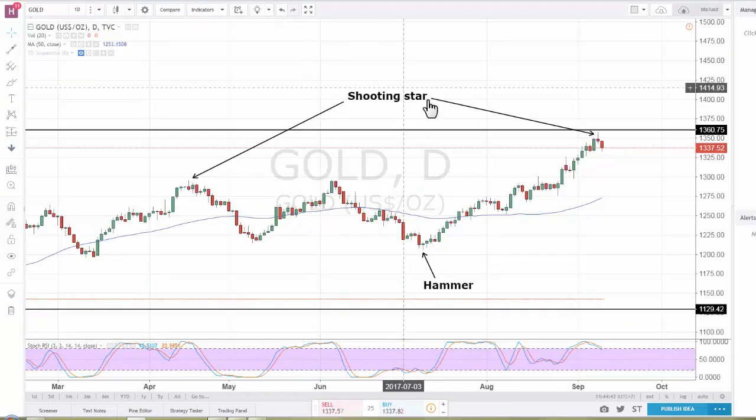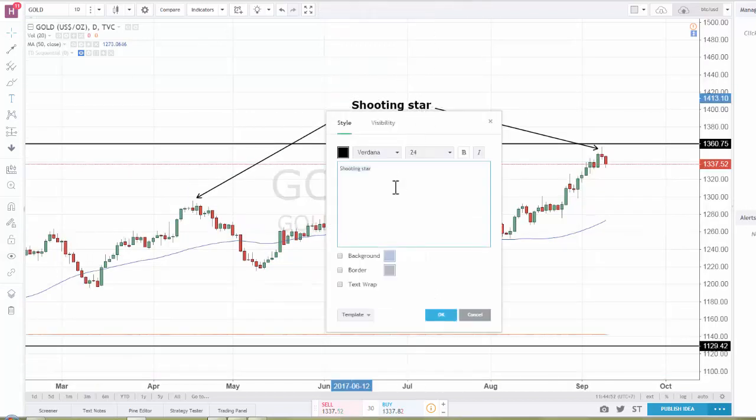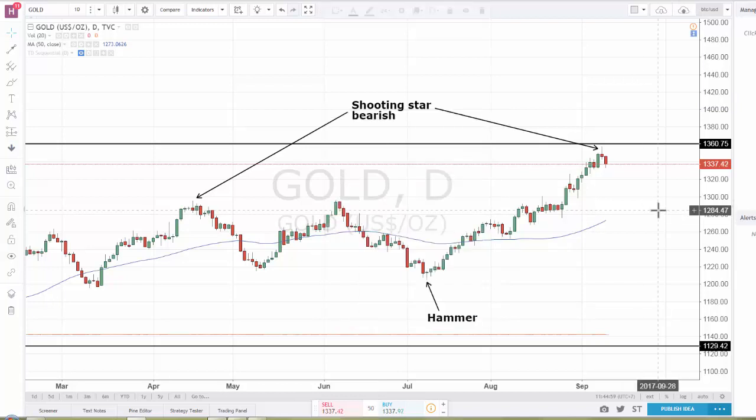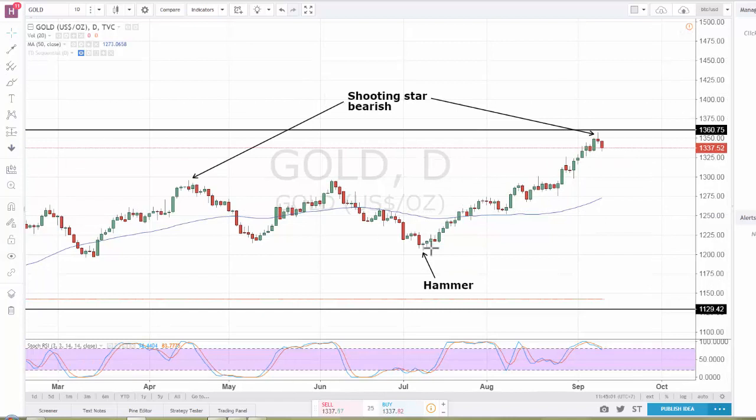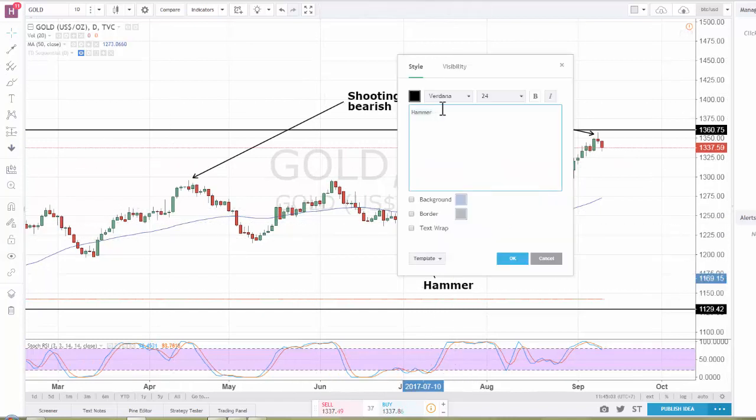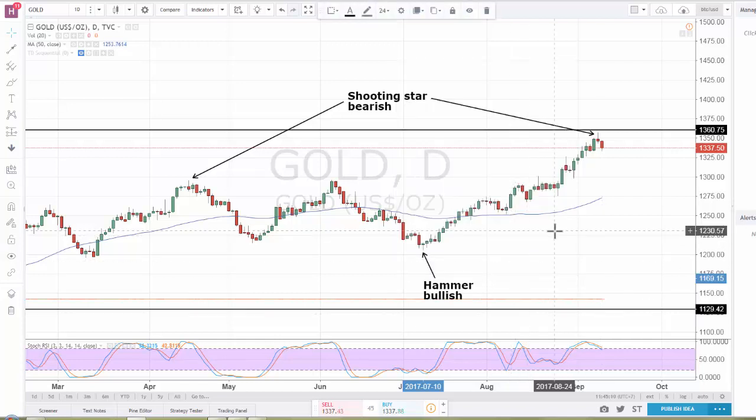Okay, the next will be the shooting star. It is bearish, so it's a signal to sell, and the hammer is bullish, so that's a signal to buy.